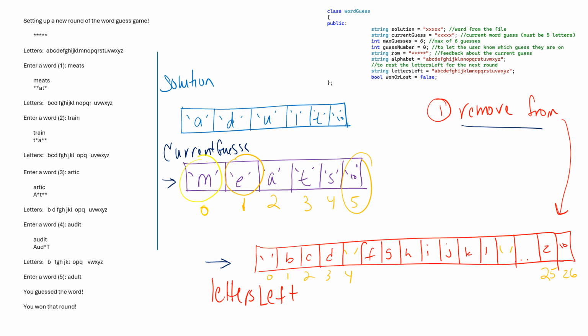Then step 2, you're going to see if there is a match. You have a function with a bool return type. Look at the template. Do you even have a match? So what are you going to do with that? You're going to take these two words right here and compare. One will be the outer and one will be the inner. Let's stick with this one being the outer, 0, 1, 2, 3, 4, 5.